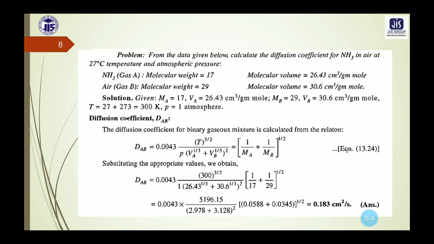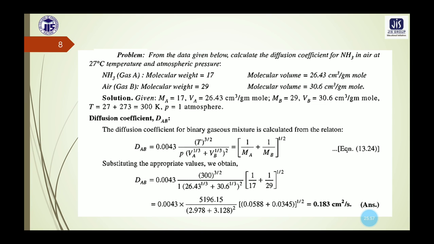So in this formula we can see that the temperature is given as 27 degrees centigrade, which can be written as 300 Kelvin. Then the molecular volume for species B is given as 30.6, and VA is given as 26.43, and pressure is given as 1 atmospheric pressure.